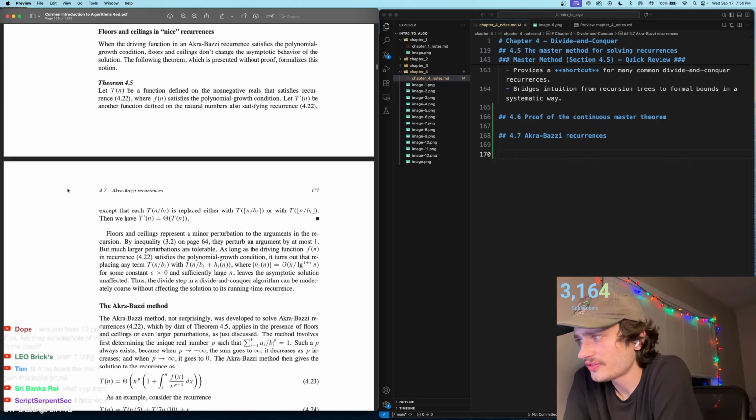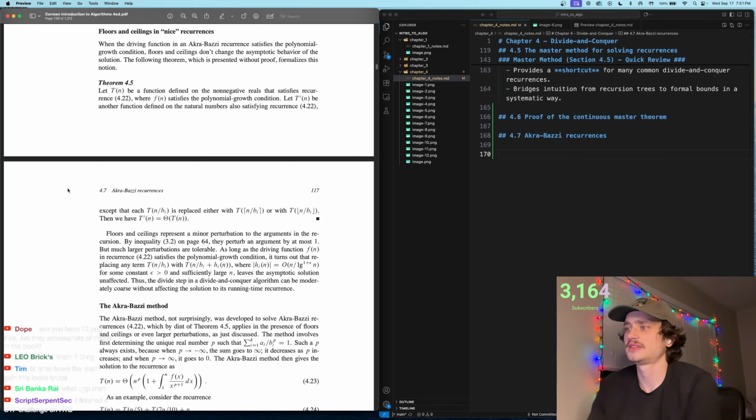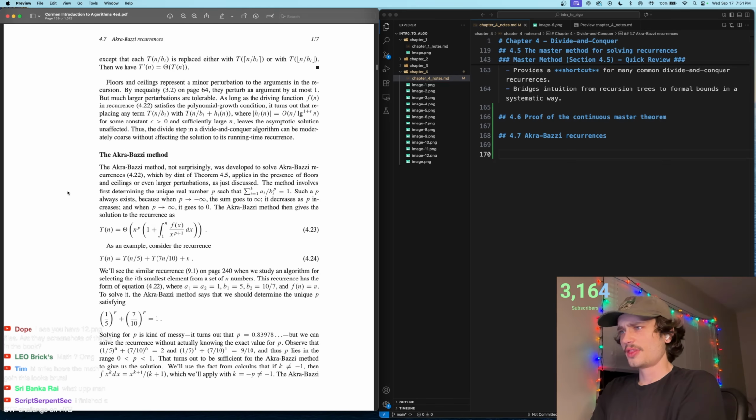As long as the driving function f(n) in recurrence 4.22 satisfies the polynomial growth condition, it turns out that replacing any term T(n/b_i) with T(n/b_i + h_i(n)), where the absolute value of h_i(n) is O(n/(log n)^(1+ε)) for some constant ε > 0 and sufficiently large n, leaves the asymptotic solution unaffected. Thus, the divide step in a divide and conquer algorithm can be moderately coarse without affecting the solution to its running time recurrence. The Akra-Bazzi method.